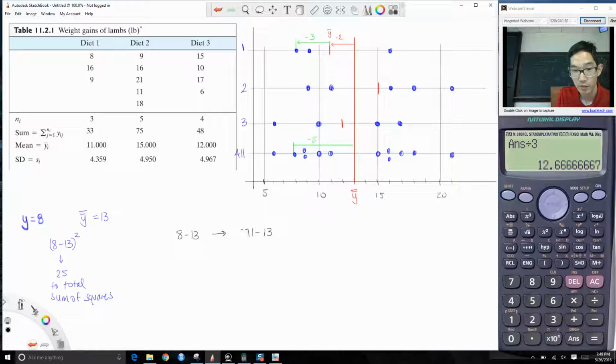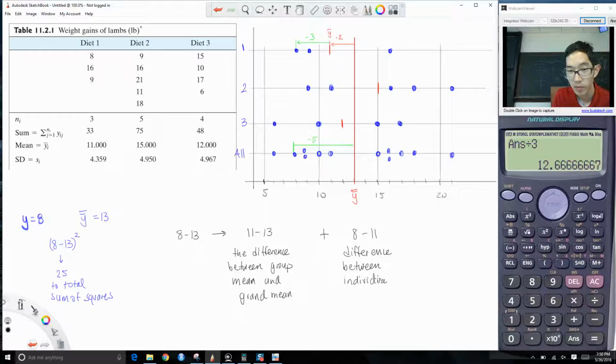So this is the difference between the group mean and grand mean, plus 8 minus 11, which is the difference between the individual and the group. Is that okay? So this is what we're going to try to do.